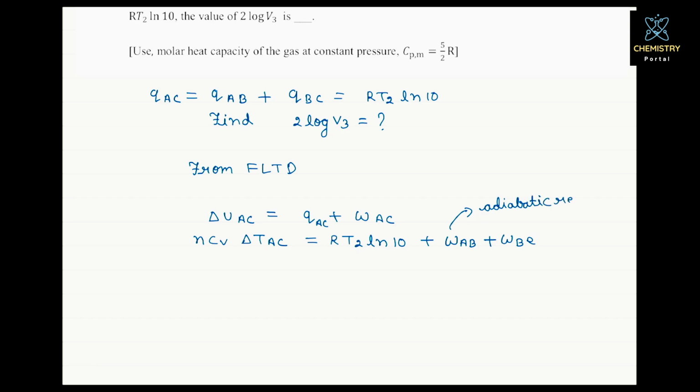AB is adiabatic reversible, and WBC is isothermal reversible. For an adiabatic process we know work done is equal to delta U, because the Q value is 0.